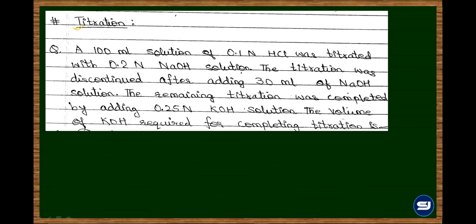So the titration is carried out between acid and a base. The titration was discontinued after adding 30 ml of NaOH solution. The remaining titration was completed by adding 0.25 normal KOH solution. The volume of the KOH required for completing the titration is.